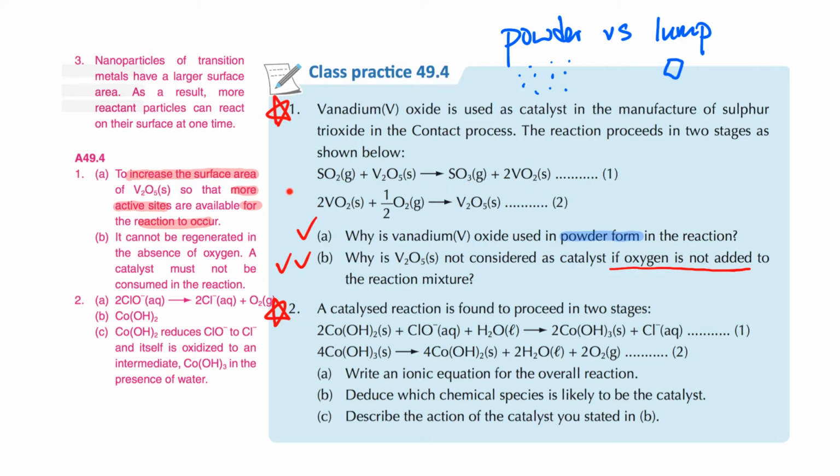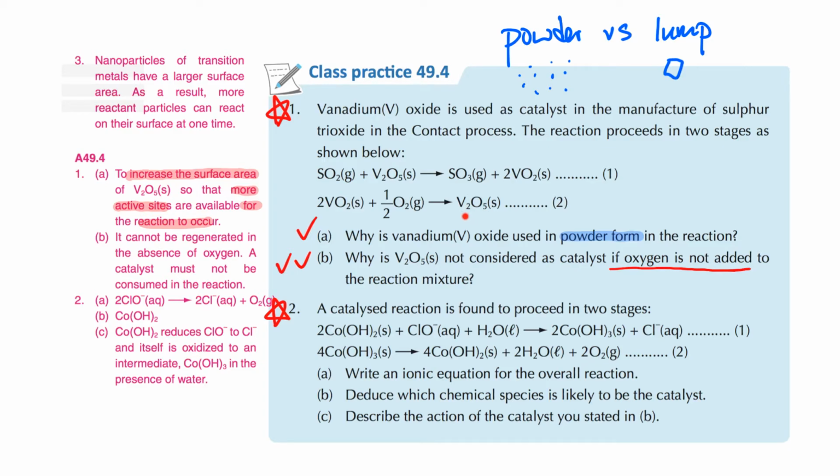But why do we have to incorporate reaction 2? Because if we just have reaction 1, we find that the vanadium(V) oxide will become vanadium(IV) oxide, and that's it. This vanadium(IV) oxide has no way to get back to vanadium(V) oxide. So after we add this half oxygen molecule, you can see that it can combine with the vanadium(IV) oxide to form vanadium(V) oxide.